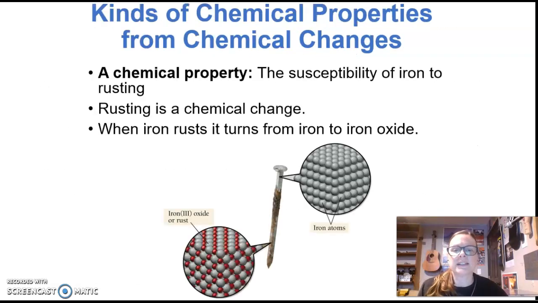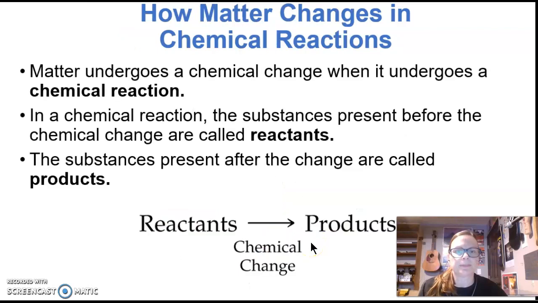All right, so here is this example. You have the iron 3 oxide, which is rust, and it started out as just iron atoms, okay? So you had iron, you move to this, the starting substance is destroyed, and a new substance is formed.